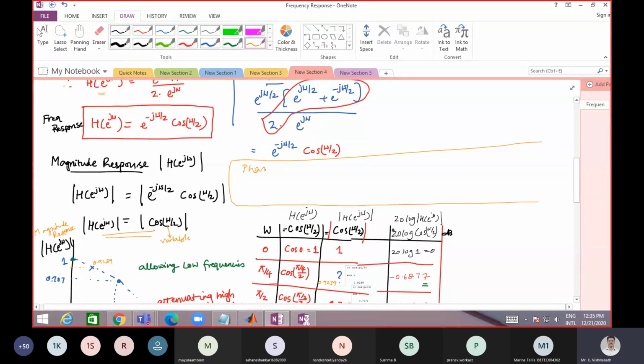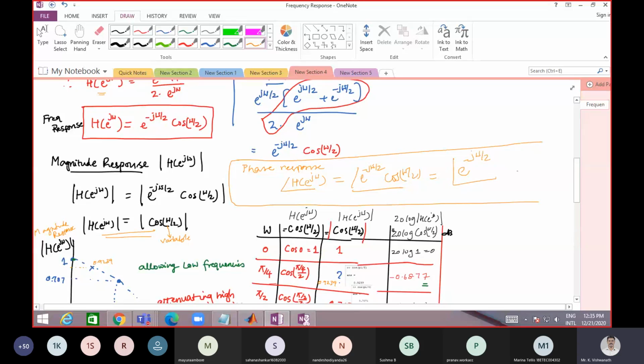The phase response is nothing but the angle of the frequency response, which is the angle of e power minus j omega by 2 into cos omega by 2. We know cos omega by 2 doesn't have any angle, it is the magnitude, whereas e power minus j omega by 2 will have the angle.